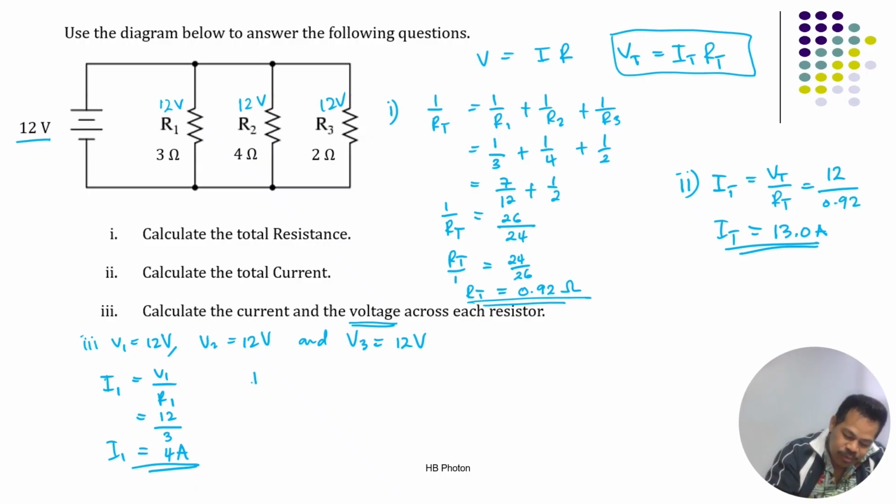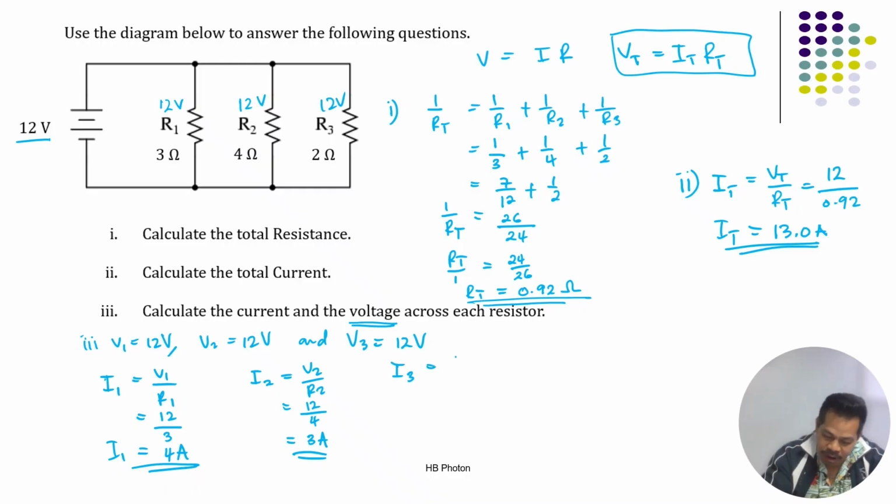And I2 is equal to V2 over R2, and we know that V2 is the same as V1, which is 12 volt, divided by the resistor of 4 ohms, and it's 3 ampere. I3, the current across resistor 3, is V3 over R3, 12 volts, the same voltage, divided by 2, and the answer is 6 ampere.